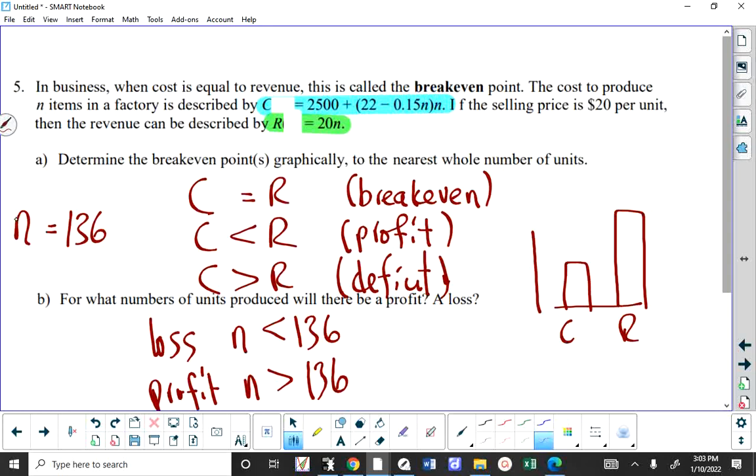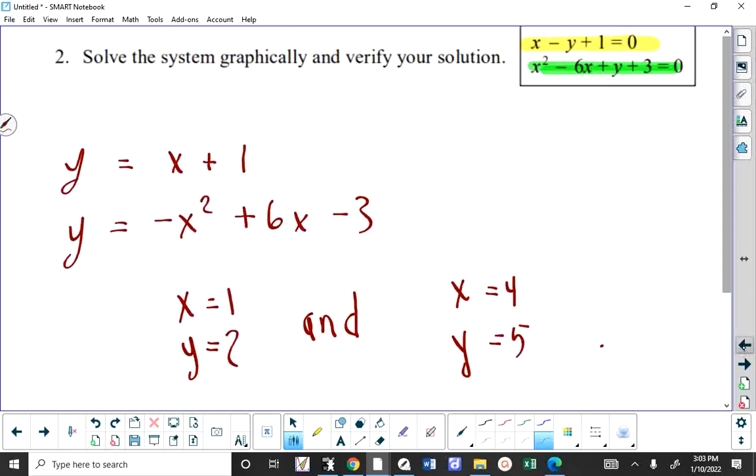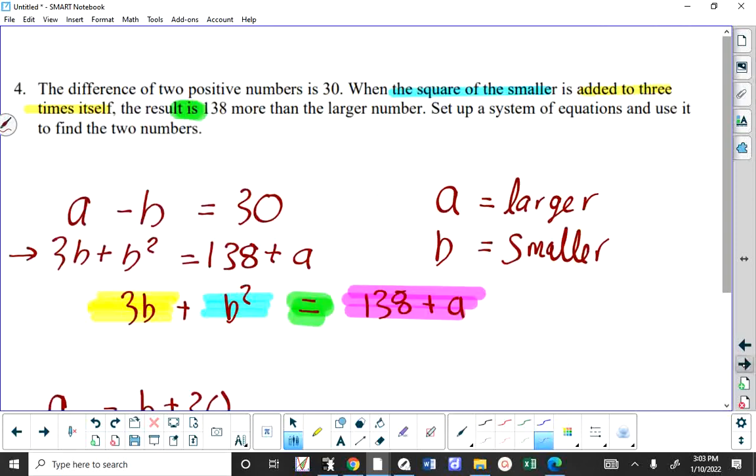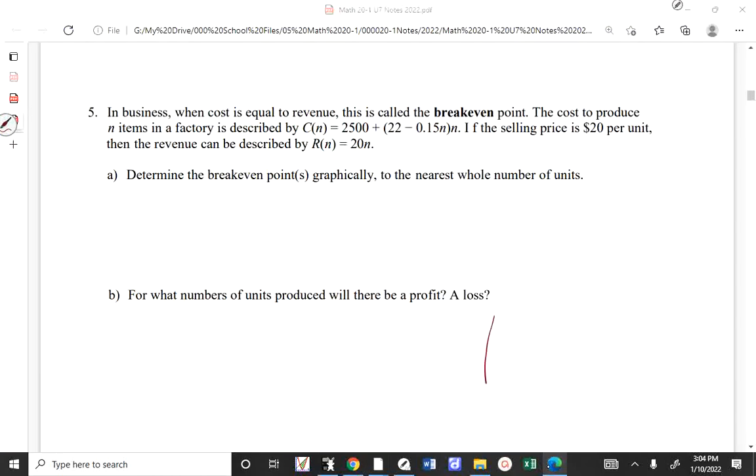Okay. You know, the biggest part of today is solving systems of equations graphically and solving word problems as well. The profit loss, the springboard stuff, that's just kind of getting your brain warmed up. You can see what the practice problems are.